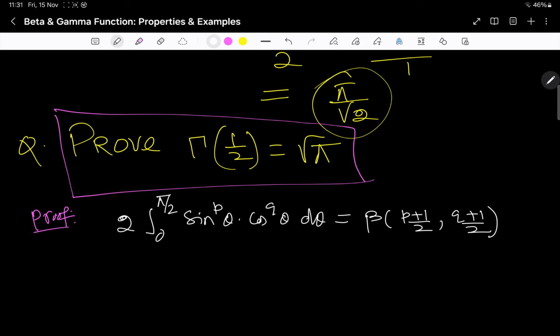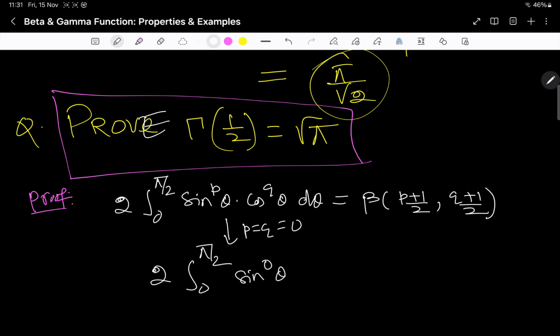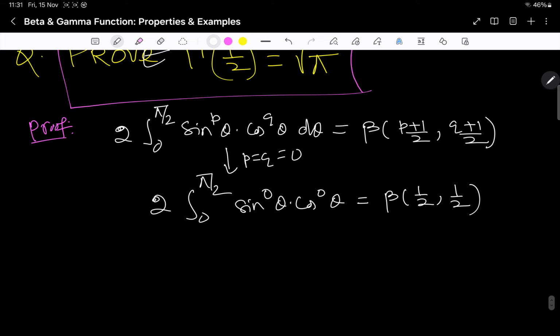Now we prove the most important property of gamma, that gamma half is equal to root pi. Okay, you see already you know this. Now the moment I put p is equal to q is equal to 0, this will be my integral 0 to pi by 2 of sine to the power 0 theta, cos to the power 0 theta. So this will be my beta half, half. Now apply the properties of the gamma, convert it.